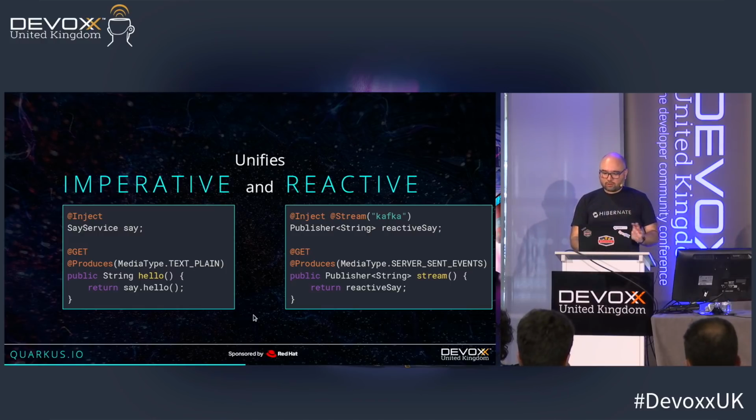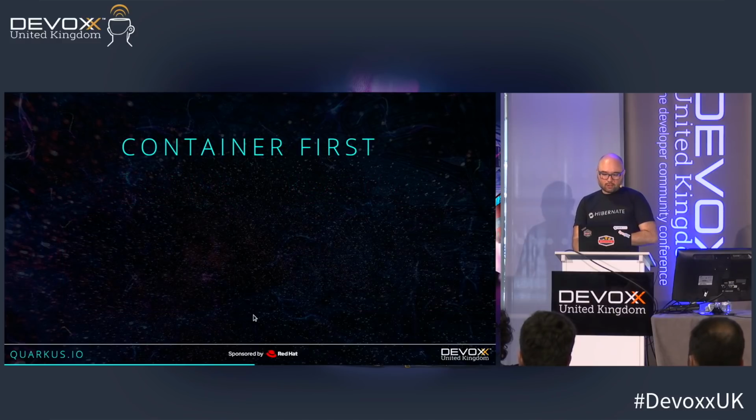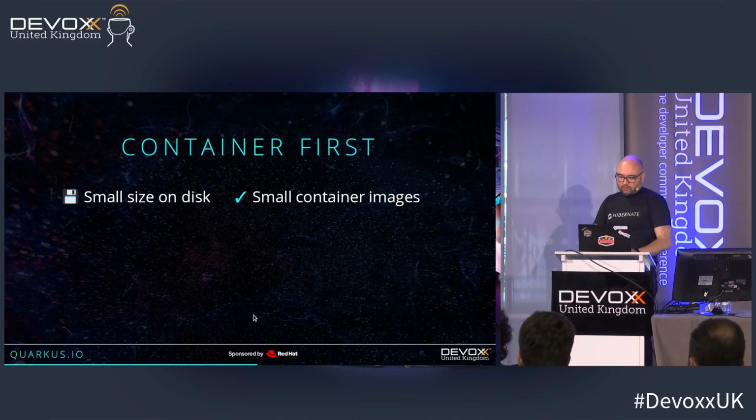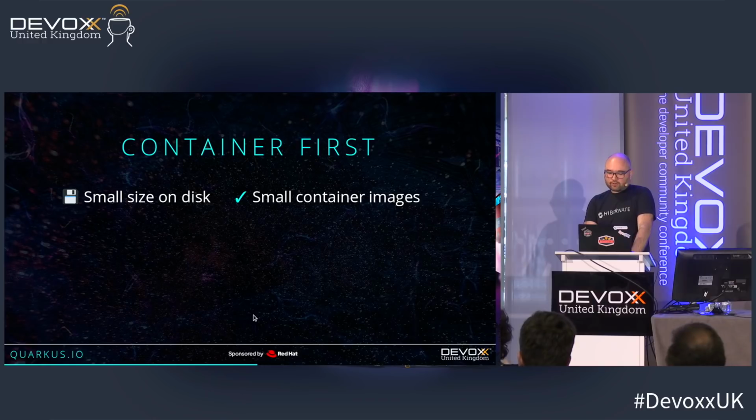So if you prefer one side or the other, you have a choice there. It's meant for containers. So these outputs are very small in size on disk, and I'm not talking just about native image, right? Even the traditional JVM target is much smaller than what you would see on a different framework, because there is this split between runtime needs and compilation needs.